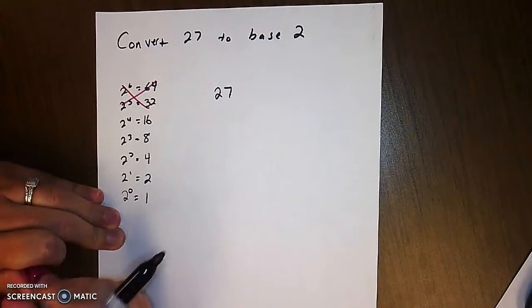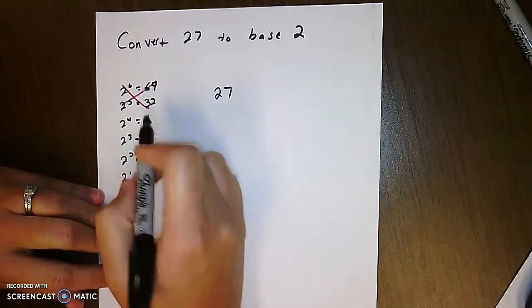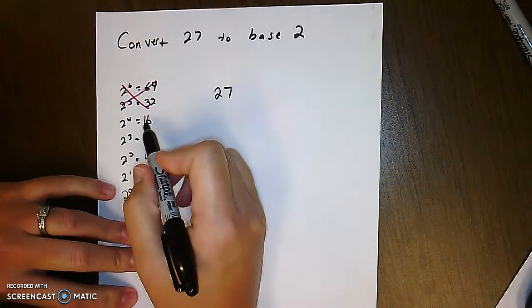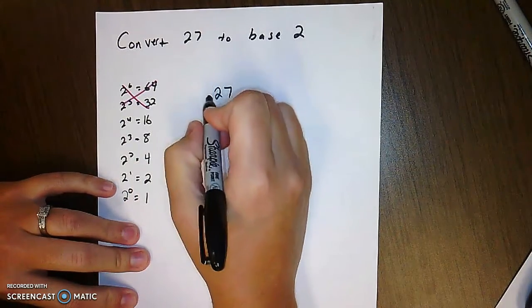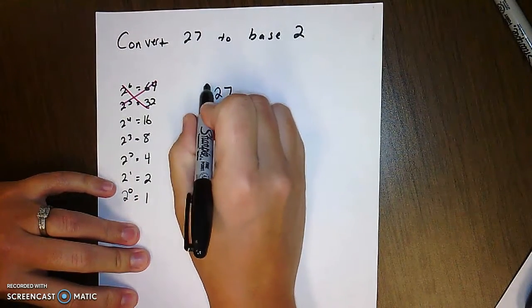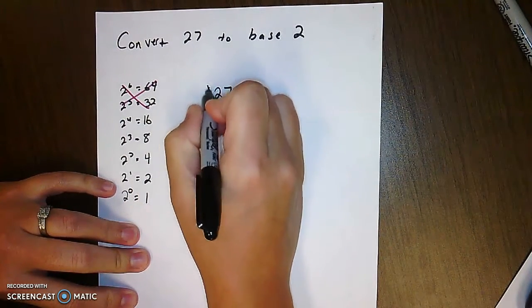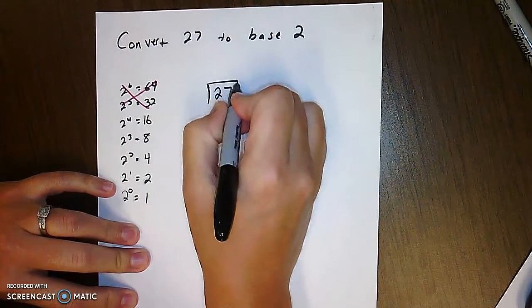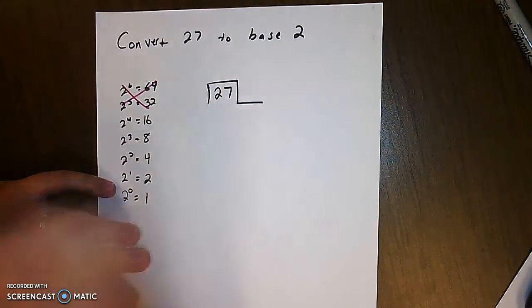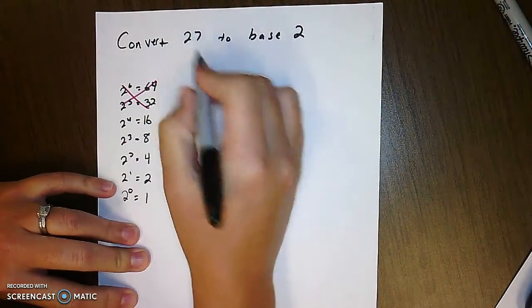Okay, so let's start with the 16. How many times does 16 go into 27? This is going to feel a little bit like long division, but it's set up a tad different here. The 27 is from up here, right?